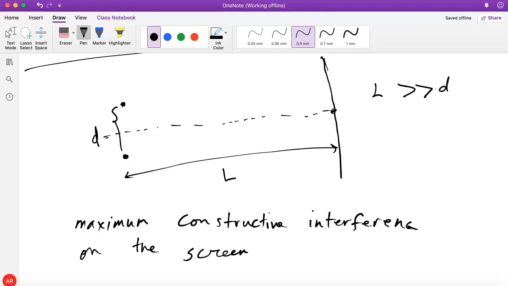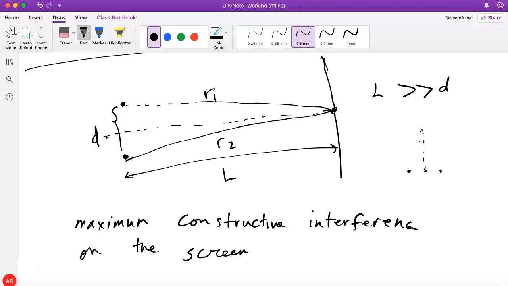So clearly the central point is a point of maximum constructive interference, because R1 is going to be equal to R2, right? You take the middle point between the two sources and go some distance, and then you draw two lines to those two points. They share this line, so these triangles are the same, and therefore R1 is going to be equal to R2.